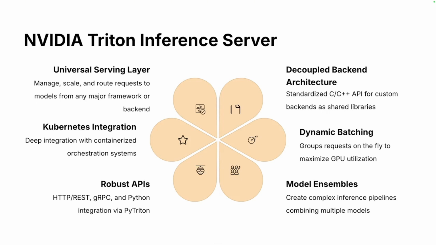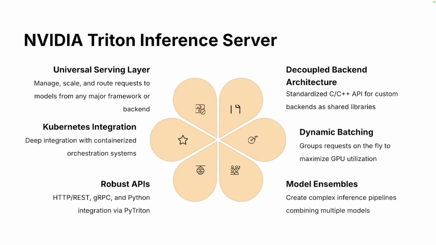Next framework is Triton Inference Server, which acts as a universal serving layer for AI models. Its strength lies in its flexibility, which can manage, scale, and route requests to models built with nearly any major framework or backend.